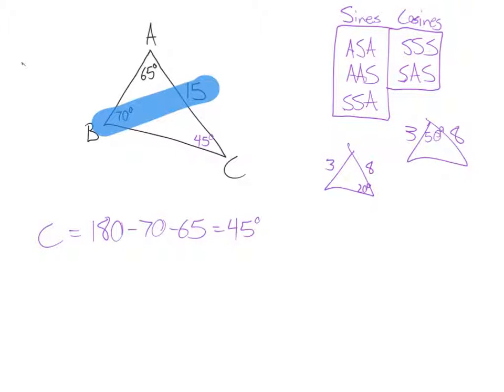I know this side is 8, but I don't know the angle across from that. So I cannot use the law of sines to solve this triangle, at least not right now. However, with this one over here, I have this 3, and I do know the angle across from that. So I could use the law of sines here to figure out what something else was.